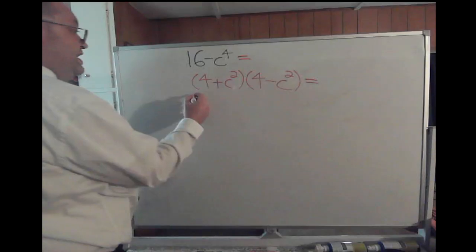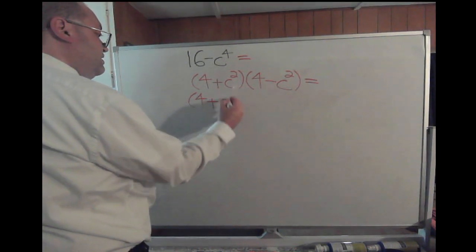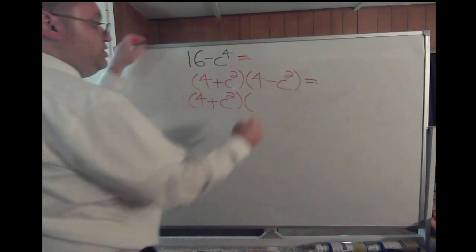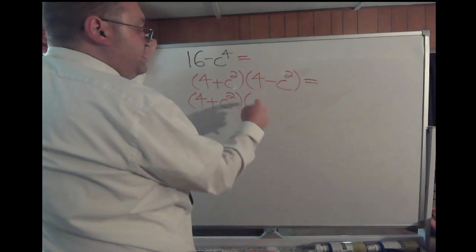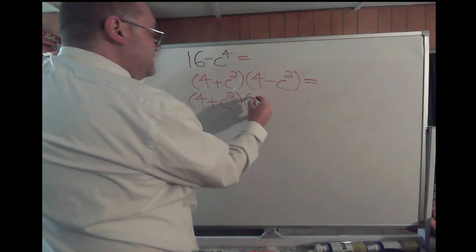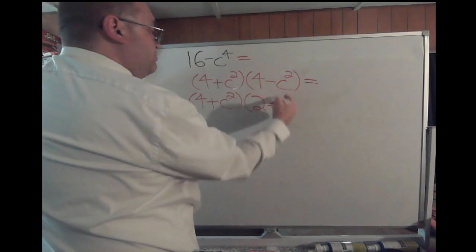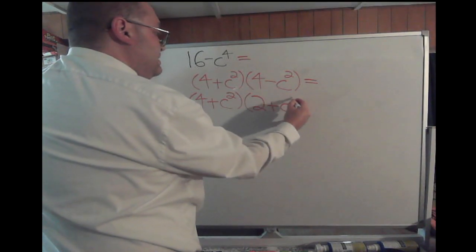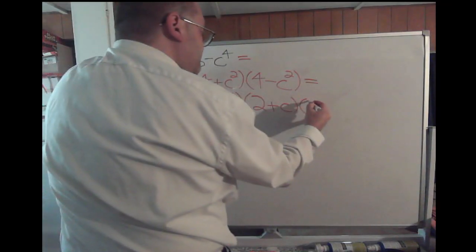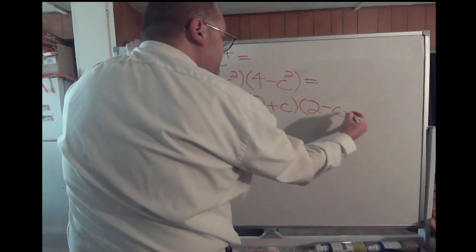What you're still going to have is the quantity of 4 plus c squared, which can be left alone, times, now you have 4 minus c squared. 4 is your first term, that'll remain positive, so the square root of 4, that's 2, plus the square root of c squared, which is c, times the quantity of the square root of 4, which is 2, minus the square root of c squared, which is c.